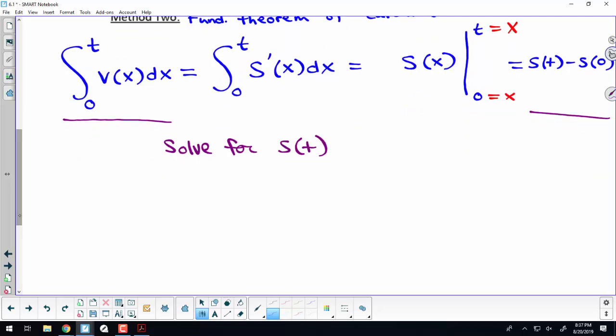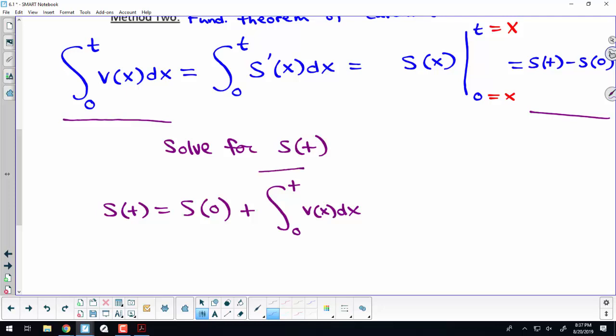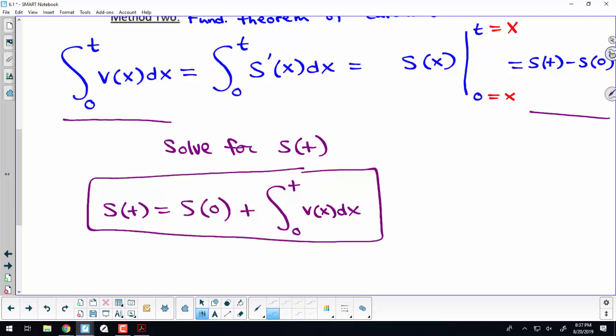So what we end up with is that S of t is the initial position plus the integral from 0 to t of v of x dx. And when I find this integral from 0 to t of v of x dx, what is that actually computing for me?